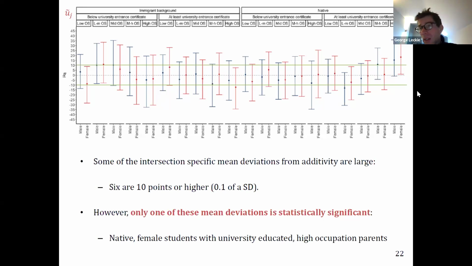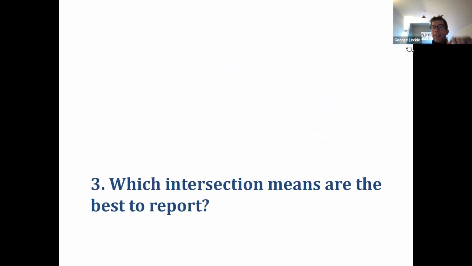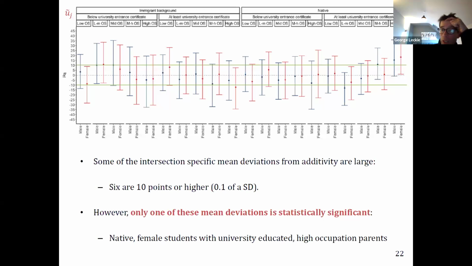It's native German girls who have highly educated parents and a high occupational status score, who score even higher on reading than we might expect, given the beneficial additive main effects associated with those characteristics. So for whatever reason, there's something extra going on there, given the data at large.